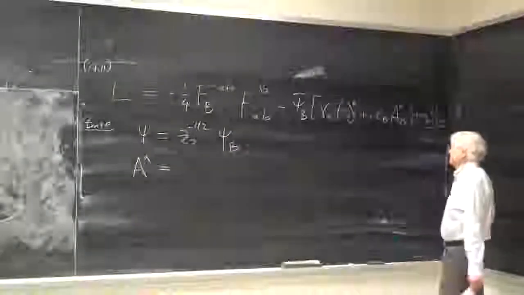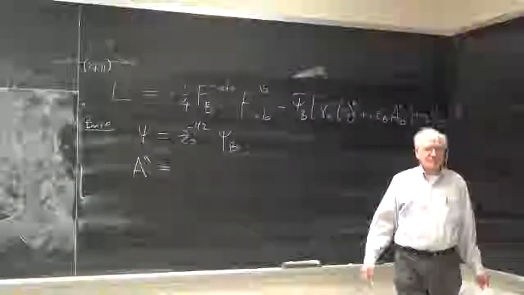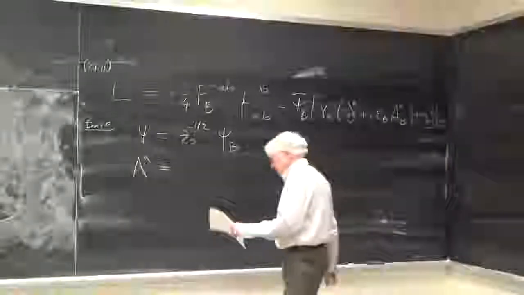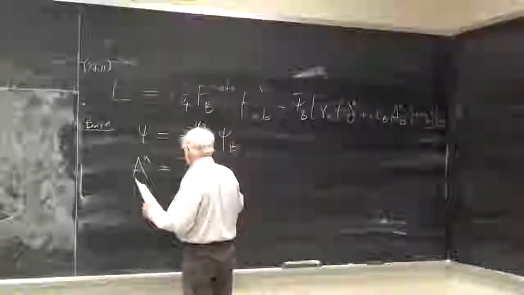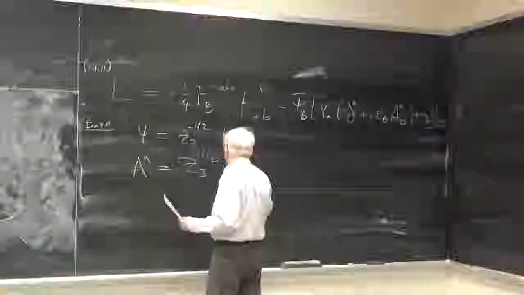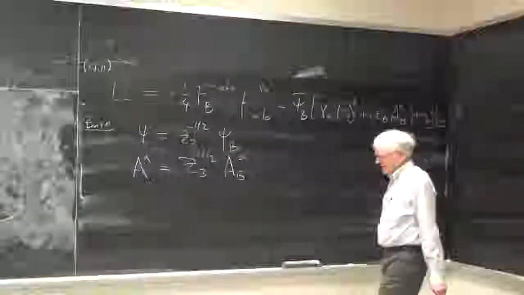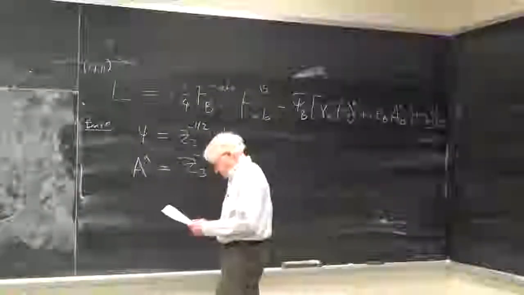After I printed this out, I realized that I used a lowercase b for bar, but that's confused with the Lorentz index, so I switched to capital in writing this down. Remember, I'm using Latin indices from the beginning of the alphabet to go from 0 to 3.